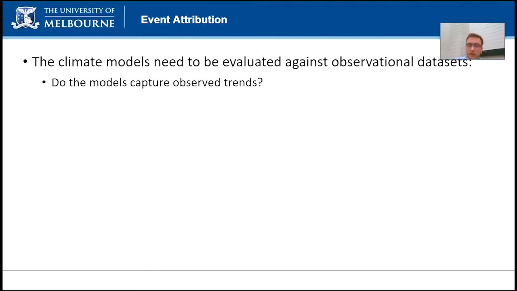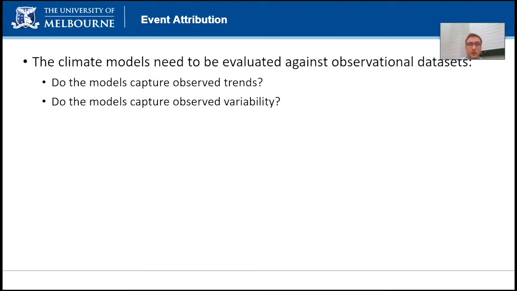We obviously allow some leeway because if we were using coupled global climate models, we can't expect them to capture trends perfectly because internal variability in those models is different from in the real world or occurs at different times. But we would still expect those models to capture the general sense of the trend.